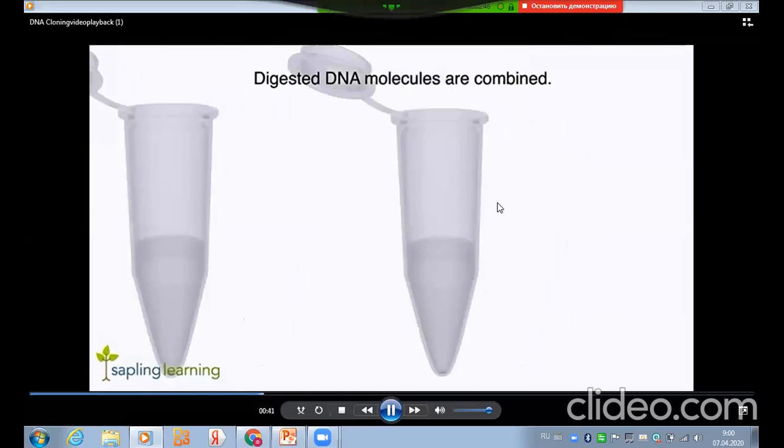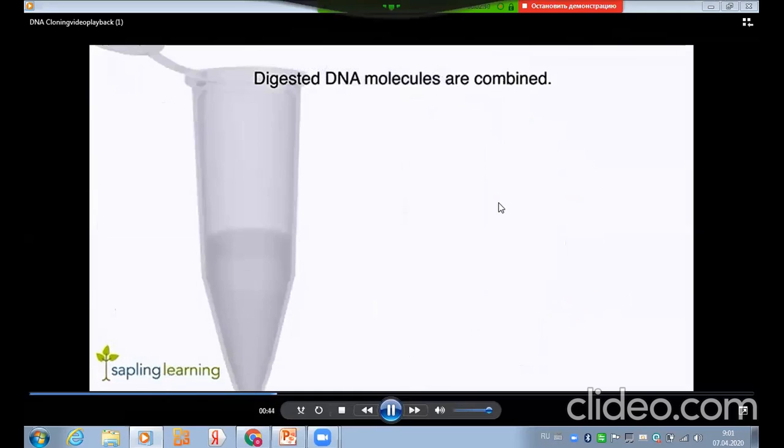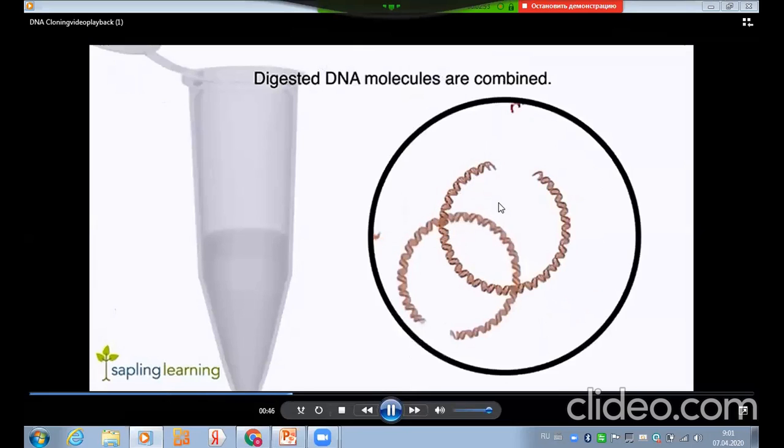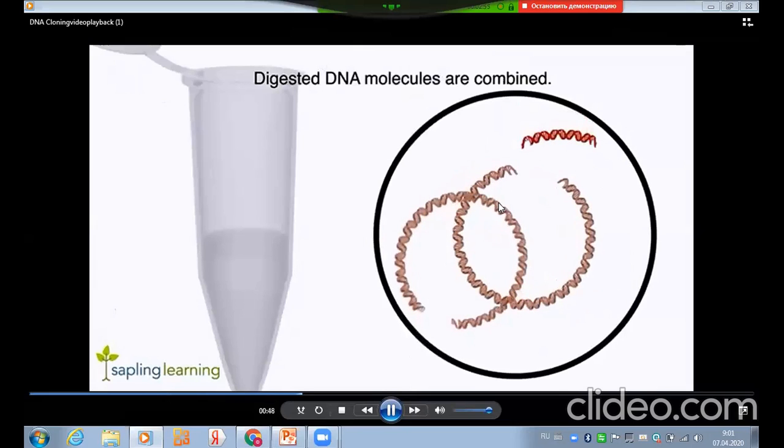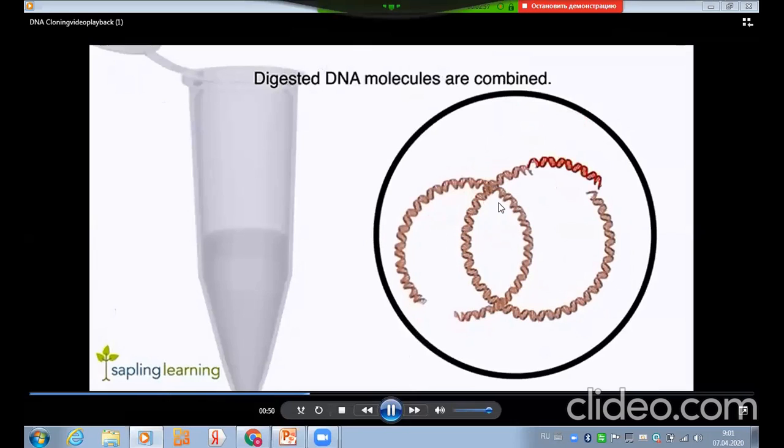And then we combine these cleaved parts of the DNA molecule, the gene, with the cut vector molecule.